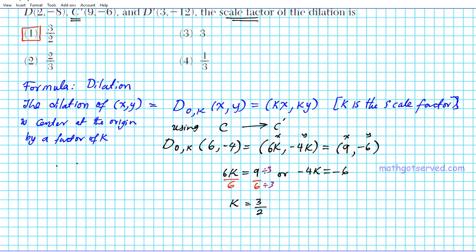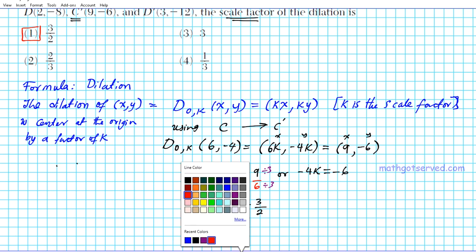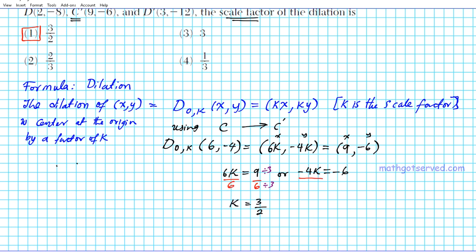That's the scale factor. Okay, now, what if you wanted to use a y equation because you don't like x's? Same procedure. You want to isolate k, so you divide by the coefficient of k, which is negative 4. In the x equation, it was 6, so we divided by 6 so that this divides out. So here in the y coordinate, the coefficient is negative 4.